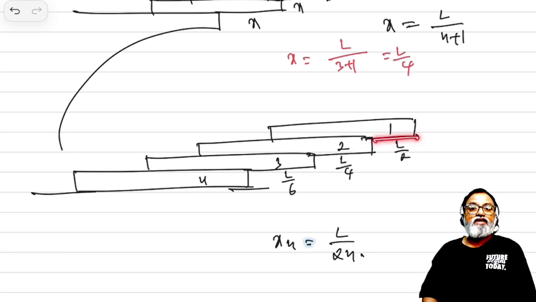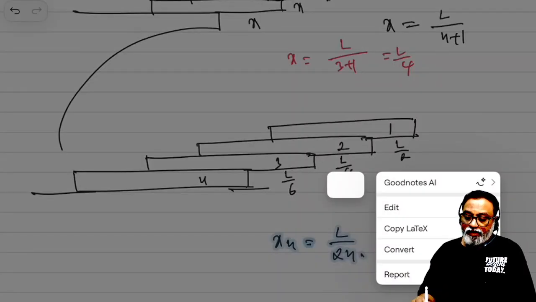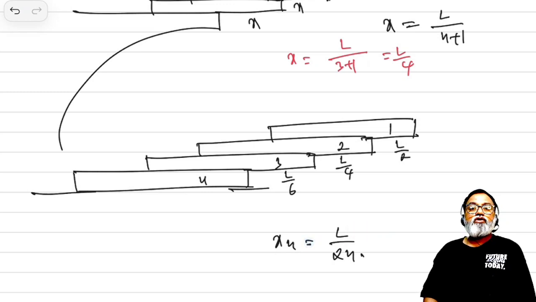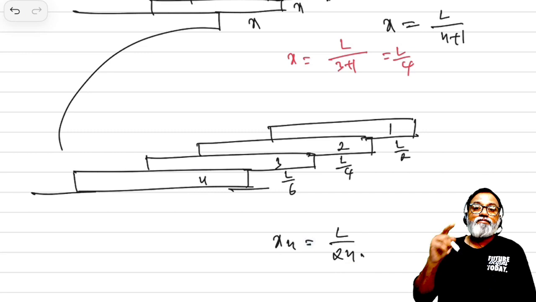But these projections are different now. Here we have to count from the top plank. This projection must be L by 2. This is L by 4. This is L by 6. If there are n planks, xn is equal to L by 2n, where n is the number of the plank from the top.